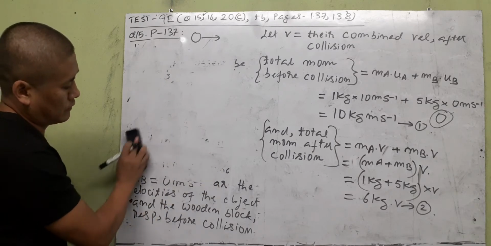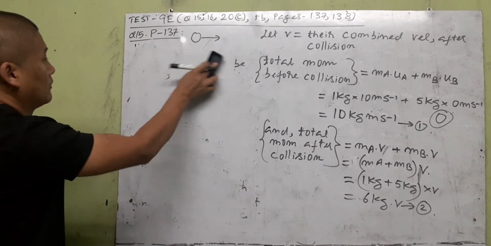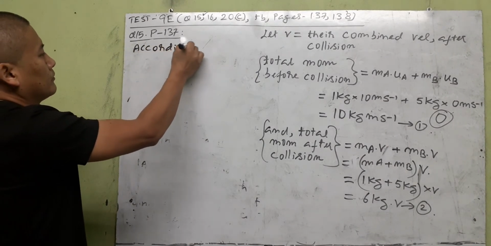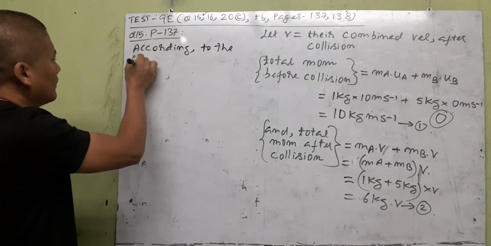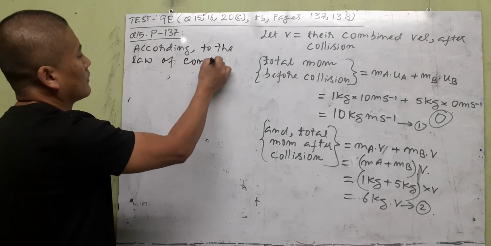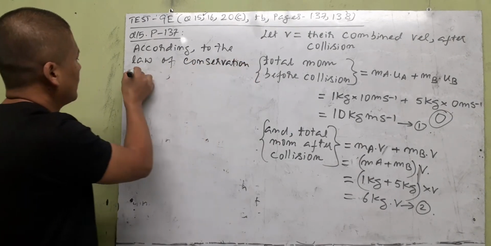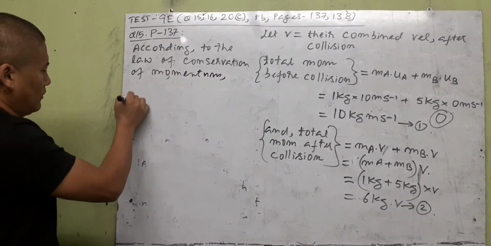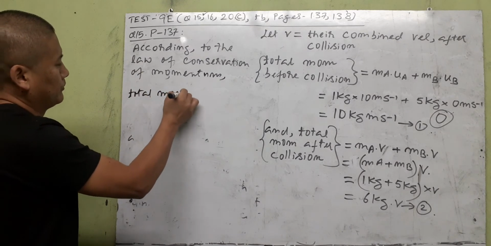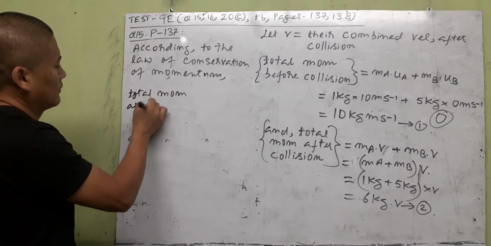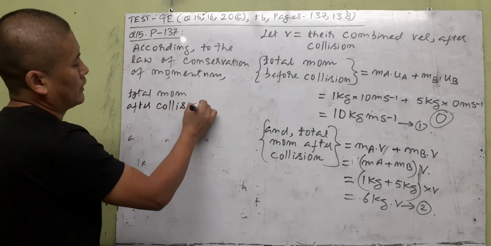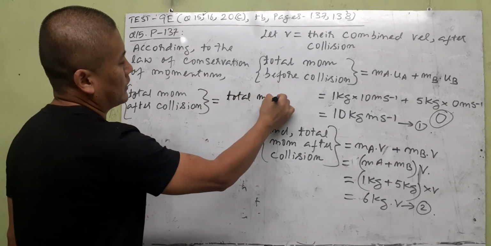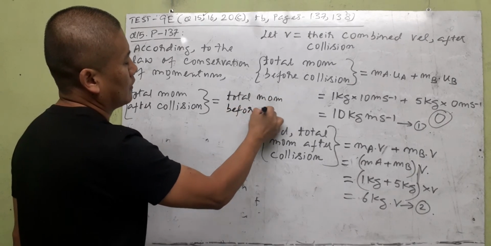But the law of conservation of momentum says, we already learned this, that according to the law of conservation of momentum, we know total momentum after collision, or after coming in contact, or after impact, whatever word you use is the same meaning, is equal to total momentum of the two objects before collision.